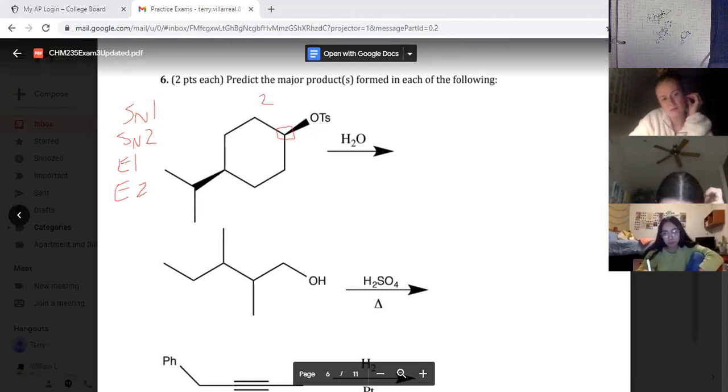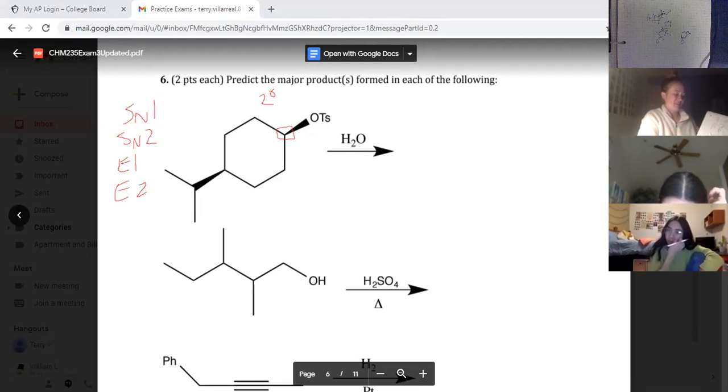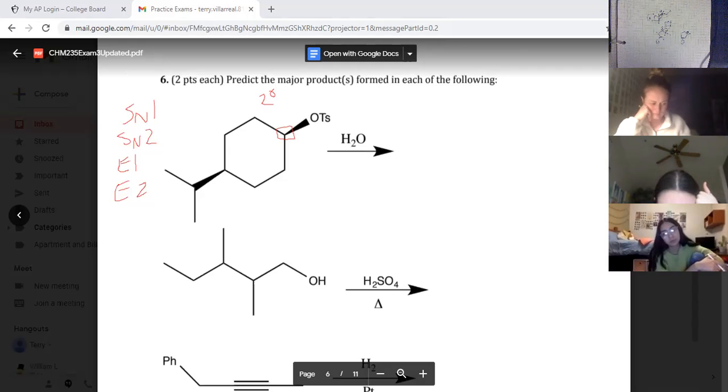Have I eliminated anything? Or are they all still in play? They are all still in play, unfortunately, right? Secondary carbons, good for all, okay? That didn't help us, but we move on to the next thing. I'm going to look at what's my arrow. Okay, water.